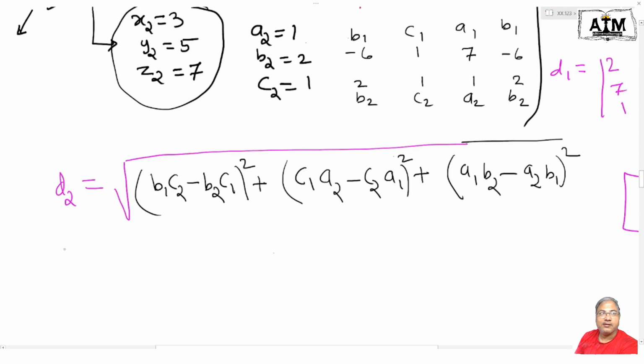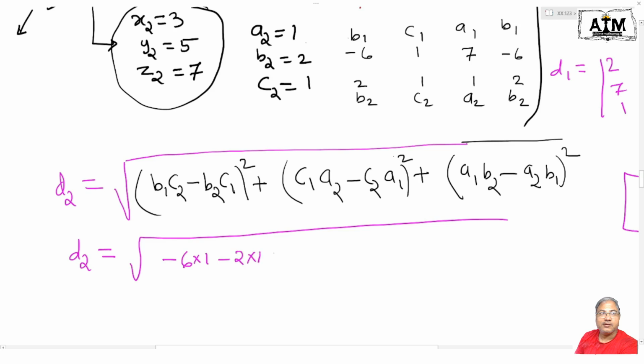As I already gave you this formula, putting into the formula, d2 equals the square root of (b1 c2 minus b2 c1) whole square, that is -6 times 1 minus 2 times 1, plus (c1 a2 minus c2 a1) whole square, that is 1 times 1 minus 1 times 7, plus (a1 b2 minus a2 b1) whole square, that is 7 times 2 minus 1 times -6.